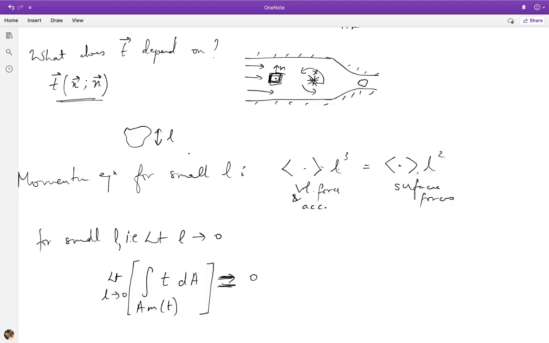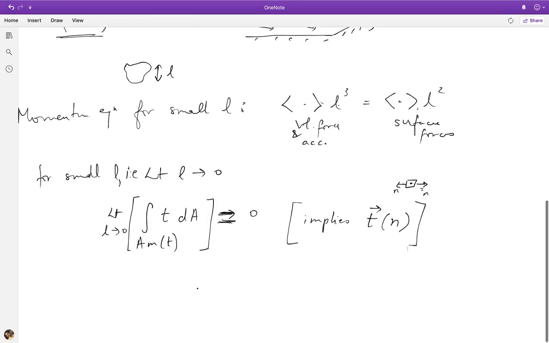Rather, it is change in the orientation n. So if my volume becomes very small around a point x, so that the value of t on this side is the same as the value of t on that side, nevertheless, they will cancel out each other because the surface normal is oppositely directed. So this immediately implies that t depends on n. So that's a formal way of seeing this, if you had any doubts left.